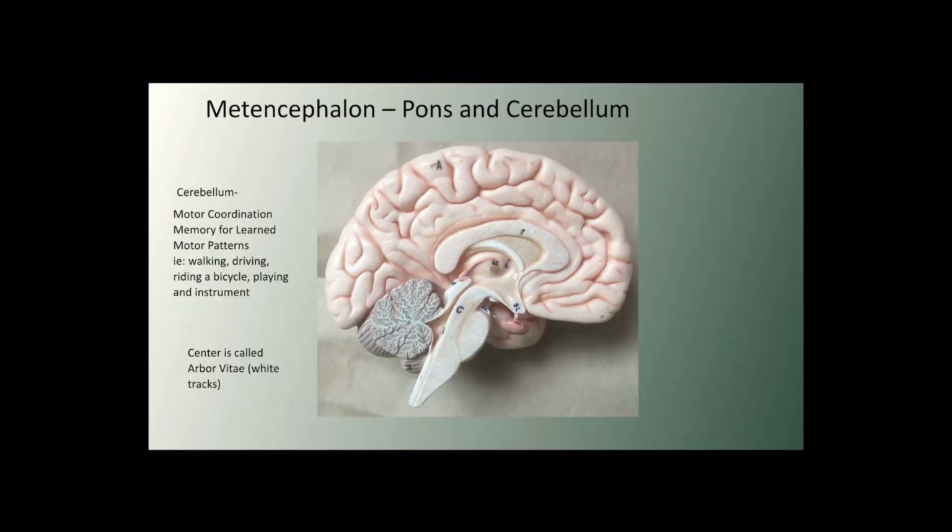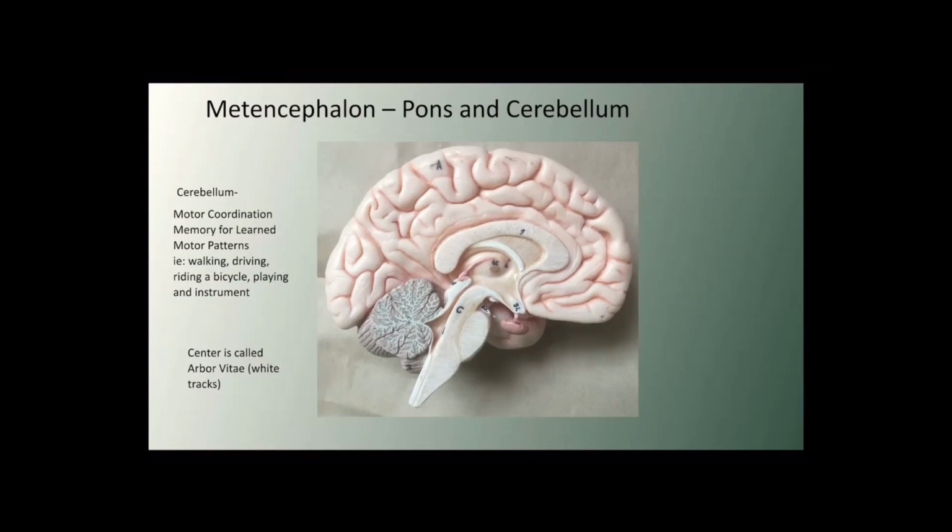Now, we're going to take a look at the metencephalon. Remember, metencephalon arises from the rhombencephalon division, the hindbrain. This is where we're going to find the pons and the cerebellum.